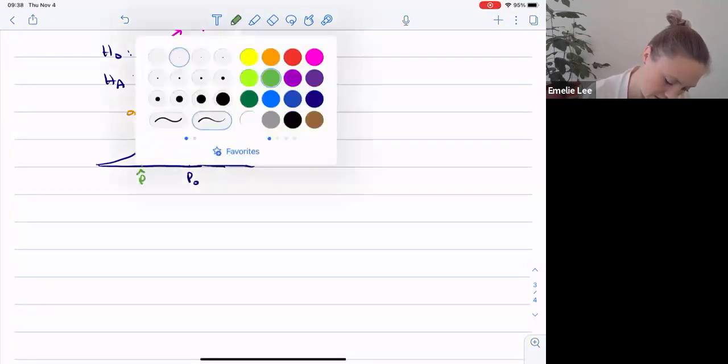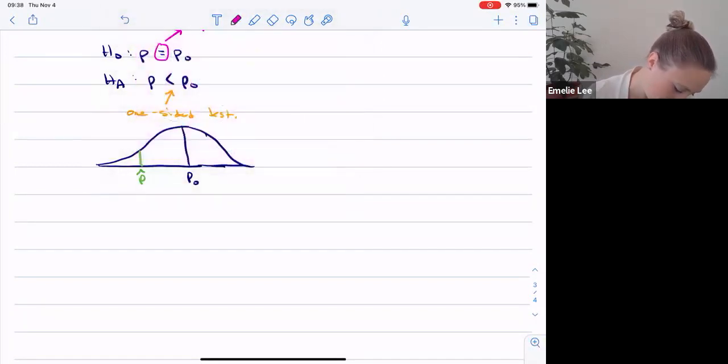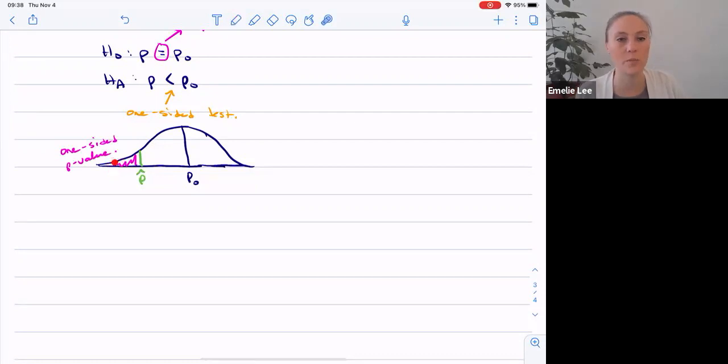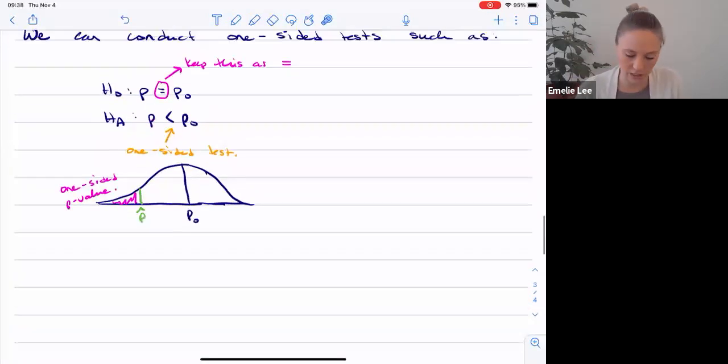Then this would be our one-sided p-value. Notice how you put all your eggs in one basket, as opposed to the two-sided test, where we would replicate that, pretending it happened on the other side as well. Now we have a threshold. We put all our significance level on one side. So these can happen, and it's going to depend on the question.